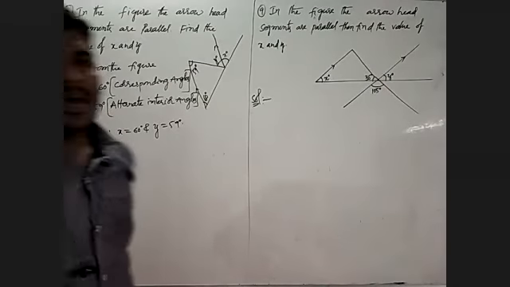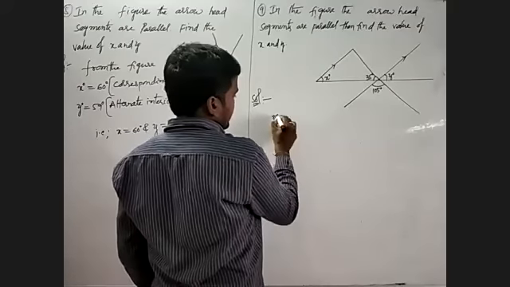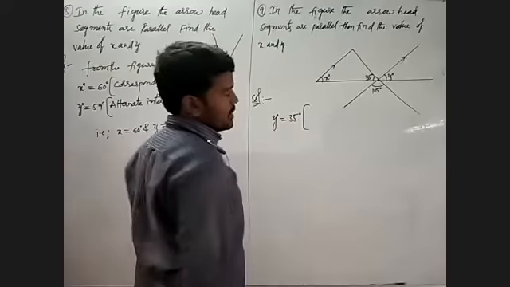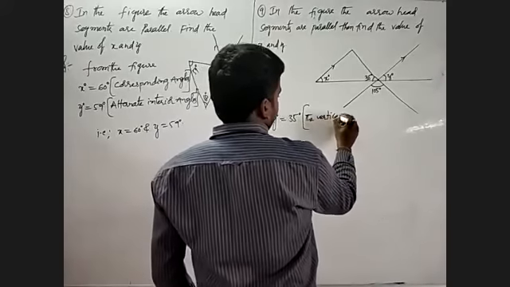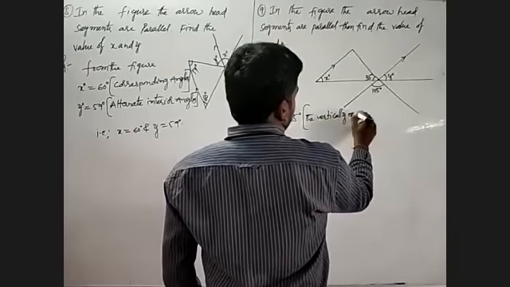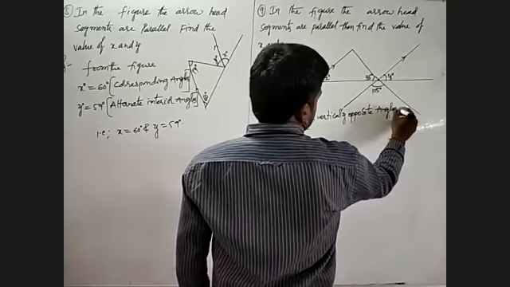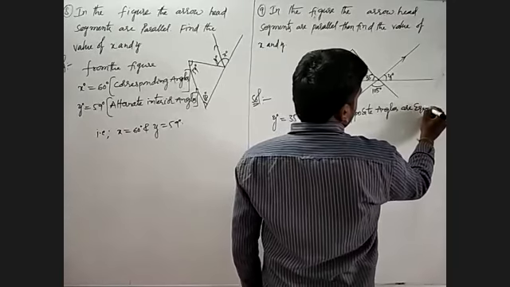Because vertically opposite angles are equal. I will write y degrees is equal to 35 degrees, because vertically opposite angles are equal.